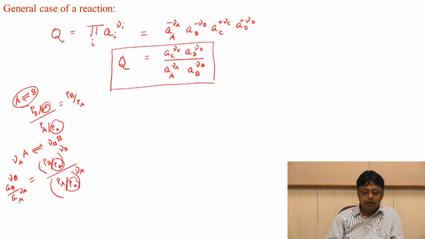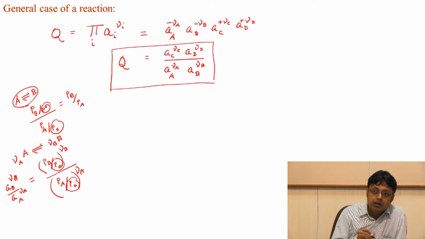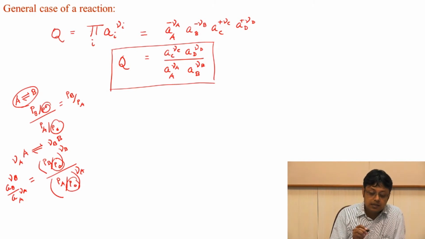That's the importance of the thermodynamic equilibrium constant. It is not just PB by PA, or the concentration of B by A in the dilute case. You have to take the division by the standard state, and then you have to take the power. So these P0 terms do not necessarily cancel out.